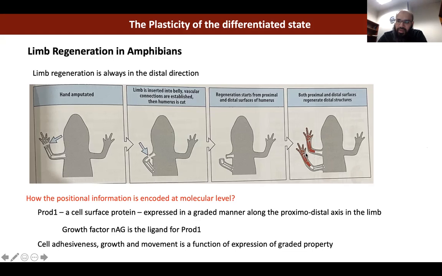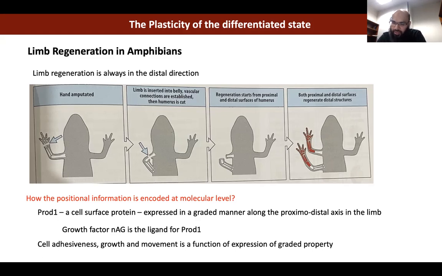Because if you make a cut site here, there are certain PROD1 expression levels in this region, and they are higher towards the upside, or towards the proximal side. So that's how the connective tissue blastema knows that it will not grow the tissues on the proximal side. Rather, it needs to grow the tissues on the distal side, where the intensity of PROD1 is lower.